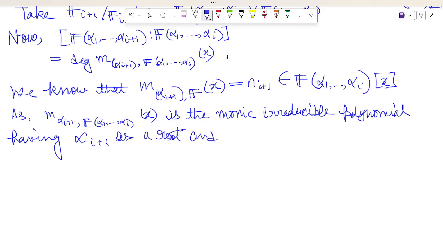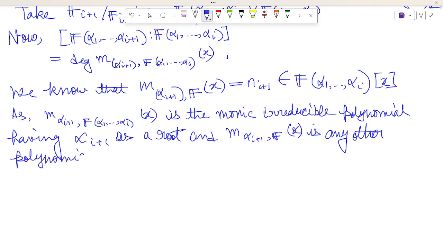And m of alpha i plus 1 over the smaller field, if f(x) is any other polynomial having alpha i plus 1 as a root, then its minimal polynomial will divide any polynomial having the same root. So this thing will divide this thing.